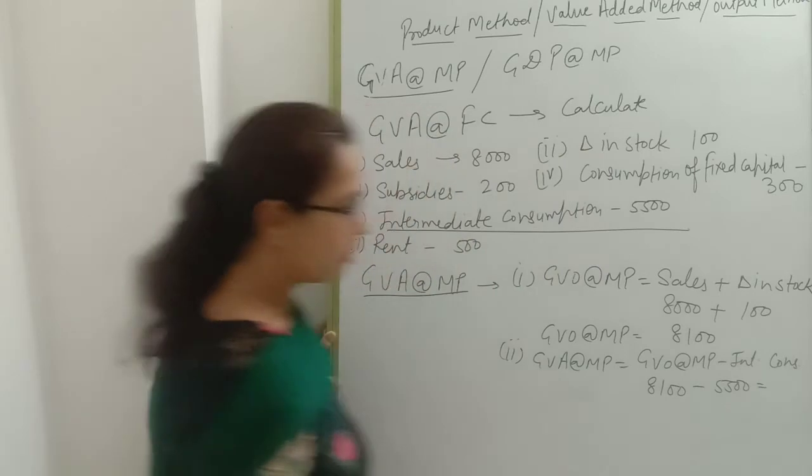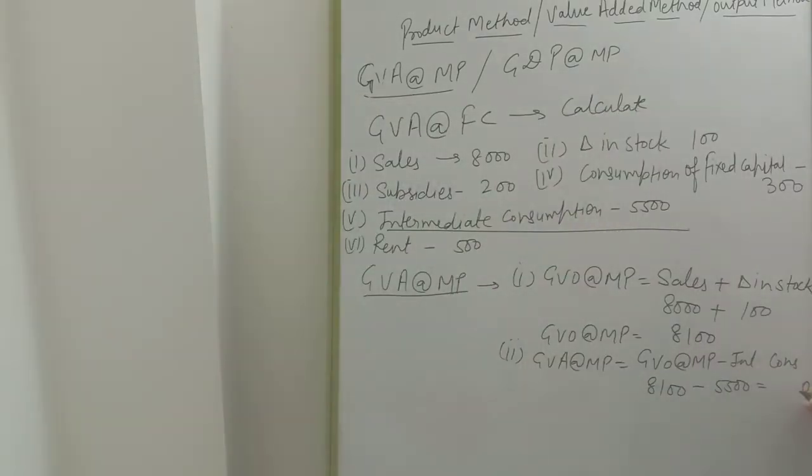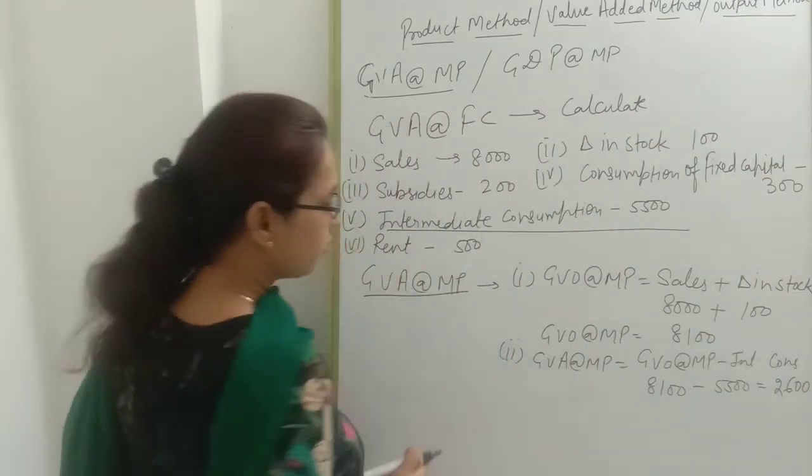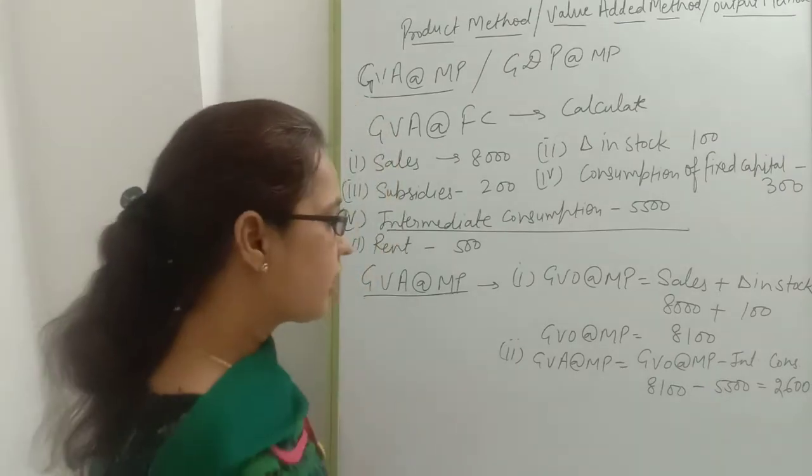How much are we going to get? 8,100 minus 5,500, that is 2,600. Kindly check the calculation, and if there is any kind of incorrectness, just correct it.